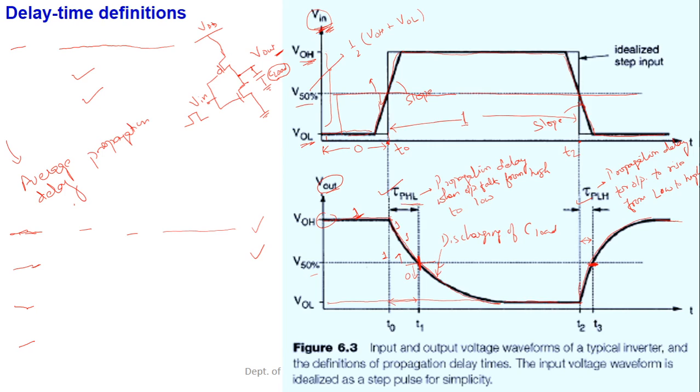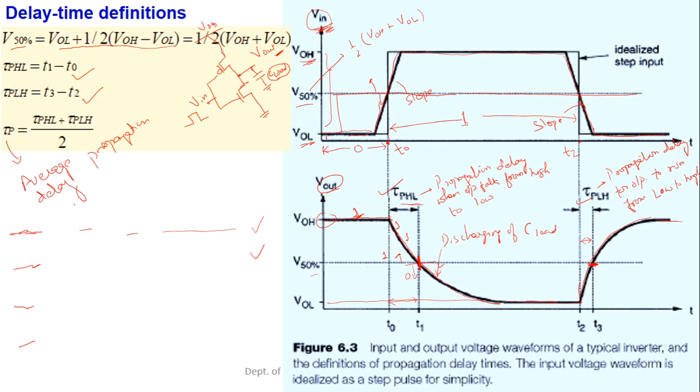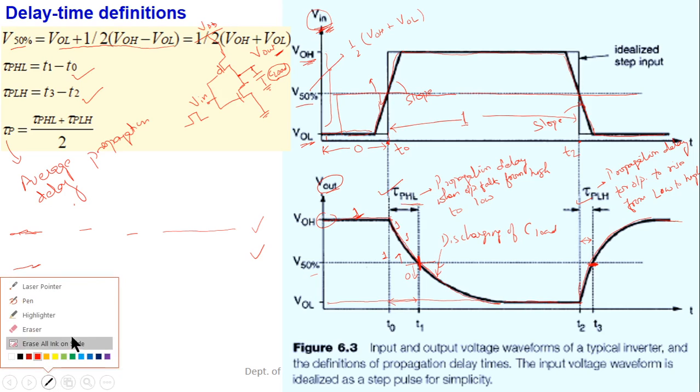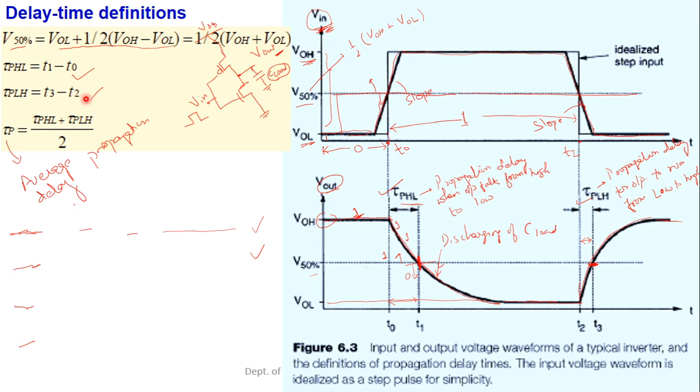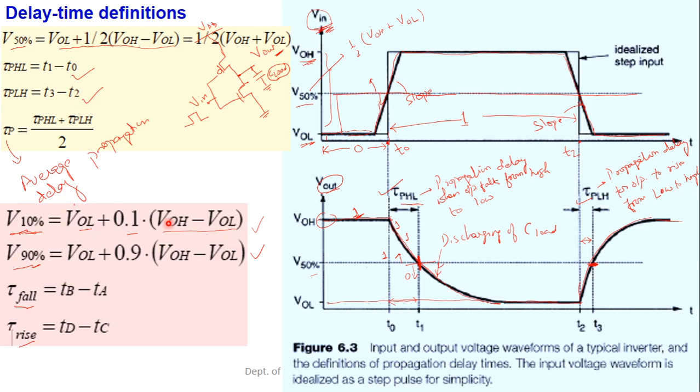Then the delay definitions came into the picture with reference to input and output signals, basically the output signal, because tau PHL is defined when the output falls from high to low, and tau PLH is when the output rises from low to high. These are also associated with the output signals V 10% and V 90%, so the fall time and the rise time of the output signal.